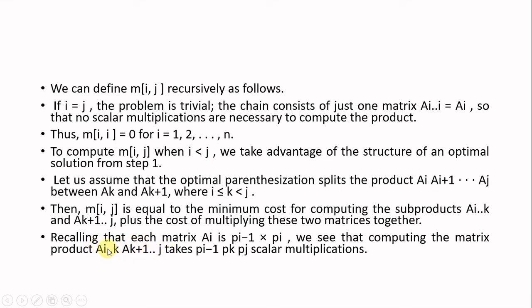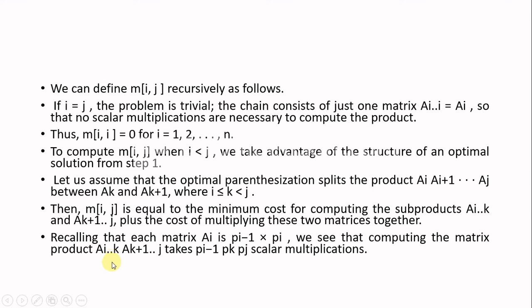So what is the order of this product? Each matrix Ai has dimension pi minus 1 by pi. So the product matrix Ai to k is a single matrix and has dimension pi minus 1 by pk.